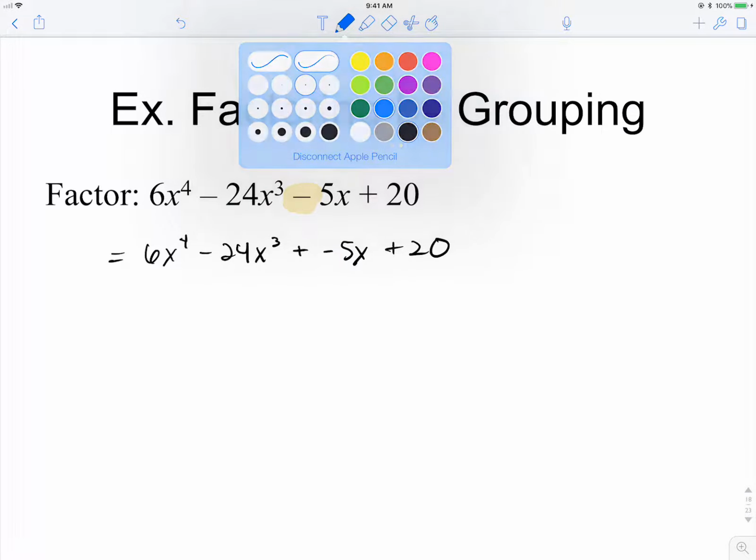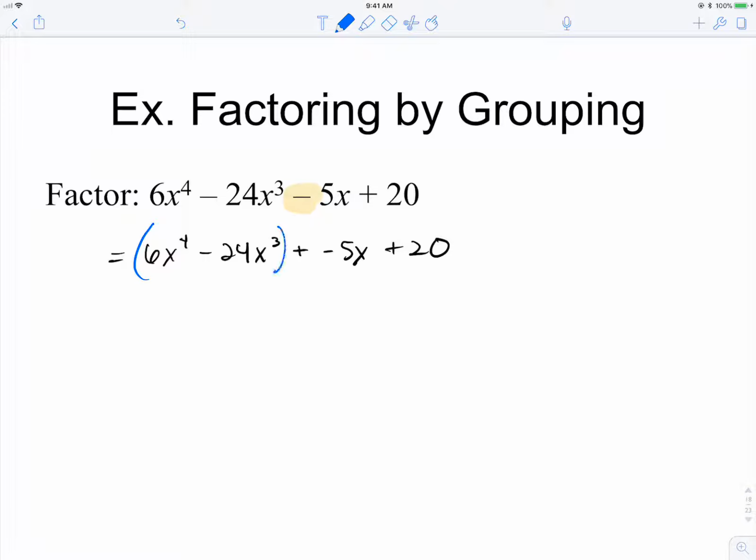Okay, once I've done that step, now I'm ready to group and factor out the GCF. So the GCF of 6x to the 4th and minus 24x cubed would be 6x cubed. Okay, and x times 6x cubed would give me 6x to the 4th. Minus 4 times 6x cubed would give me minus 24x cubed.